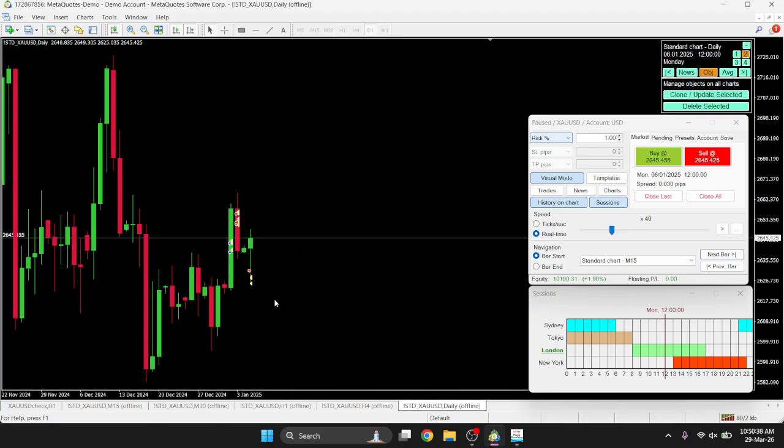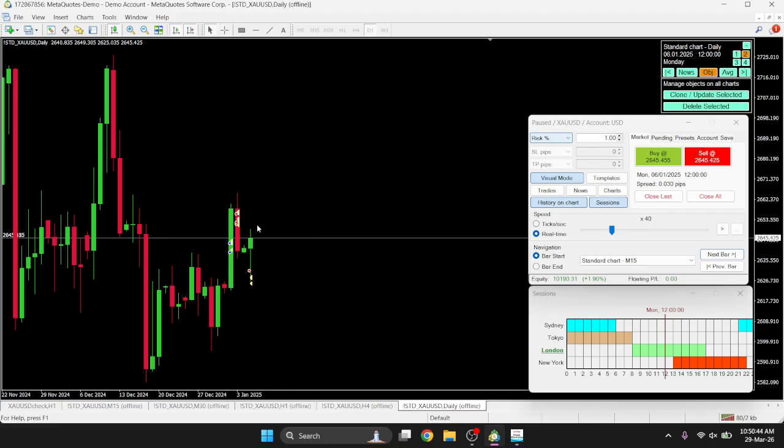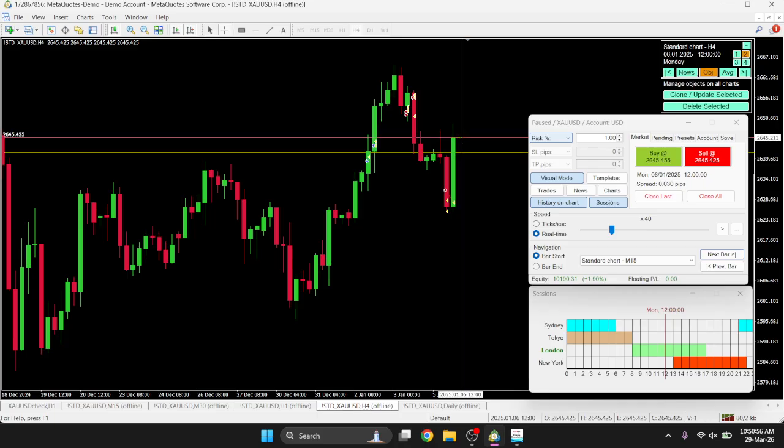If we look at pre-New York, the daily candle just created a wick, broke the previous daily candle high and is moving up. So there is a high chance. Wow, the 4 hour candle just closed below its support zone, resistance zone, and a new 4 hour candle just opened and it should create a wick and then move up.